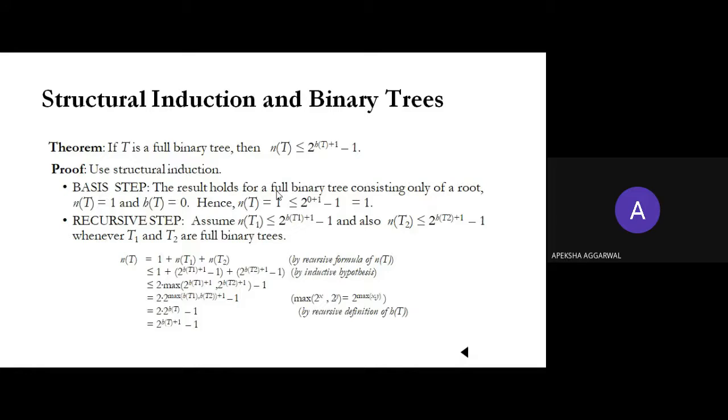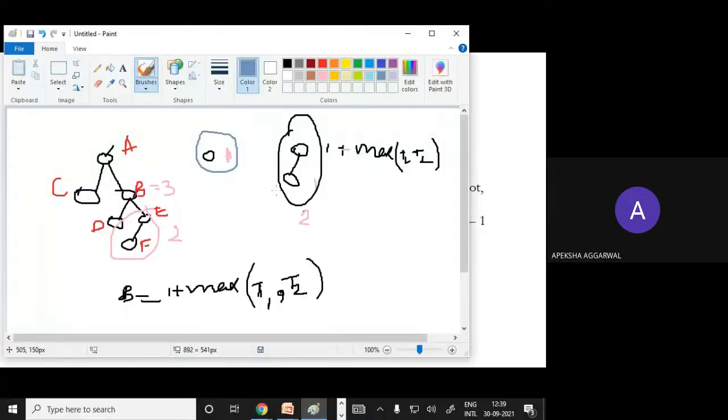1. Okay. So for example, over here, if you have a tree of height 2, the maximum number of nodes would be 3, right? The maximum number of nodes in a tree of the next height would be 7.